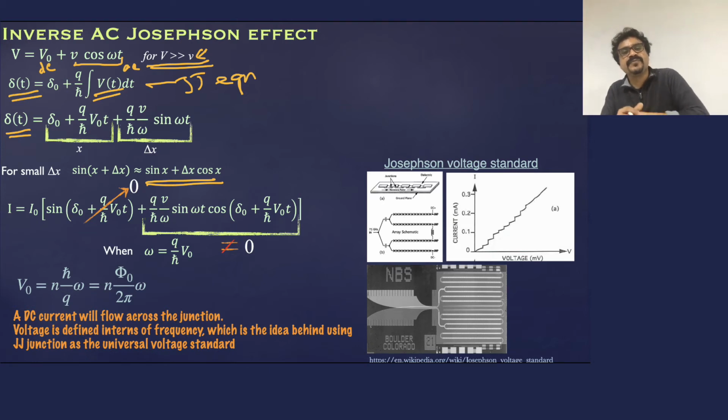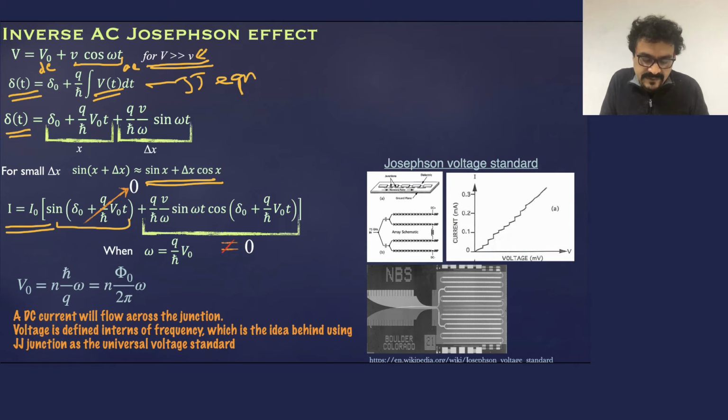Okay. When you do this, the current that you are going to get will be of this form. This is the x part, and this is your delta x part. Okay, delta x cos x part.